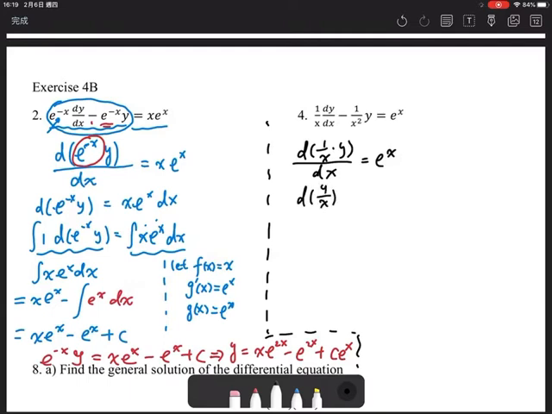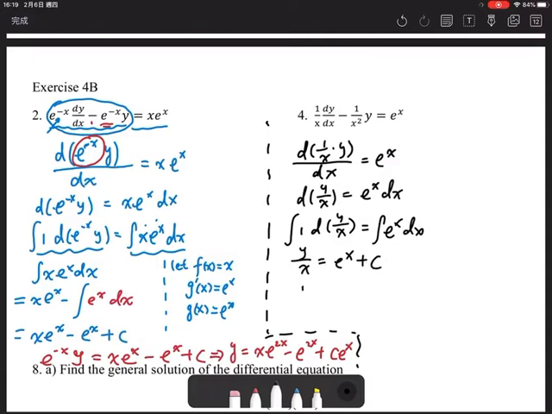So here is y over x and e to the power of x dx, and then integrate. So finally the left hand side is y over x and right hand side is e to the power of x plus constant c. So y just equals x times e to the power of x plus c times x. So this is question 4.